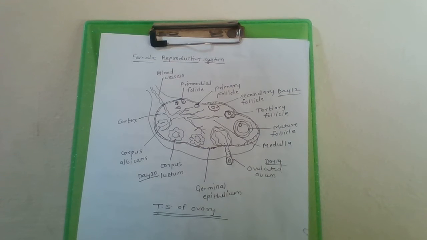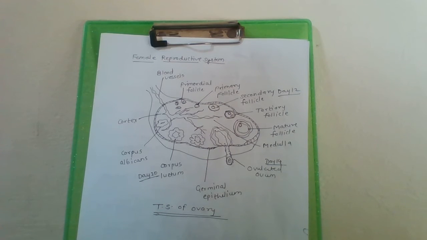Each primordial follicle has at its center a large primary oocyte surrounded by a single layer of flat follicular cells. The primary oocytes start meiotic division but get arrested at meiosis 1.